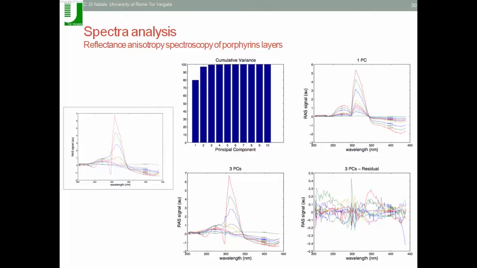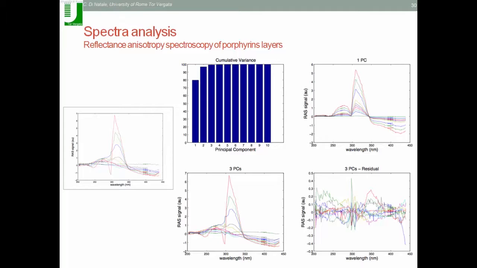Then if we look at the reconstruction of the data when we decompose the different PCs, this is what we get with the first principal component. You see, it's not very different from the original data, and it captures the correlated part. We have an increase of these spectra when we go from one layer to another.